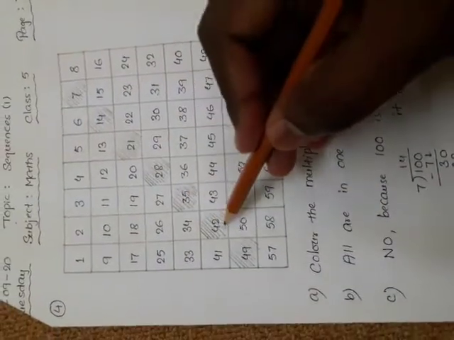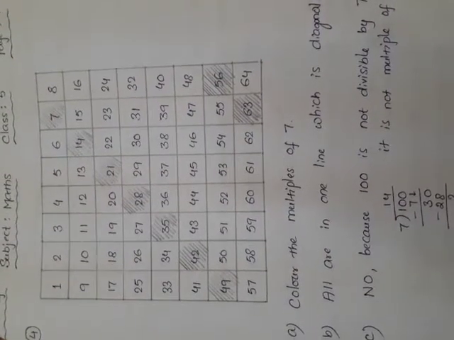So I shaded 7, 14, 21, 28, 35, 42, 49, 56, 63, the answers of the 7 table, right? After shading, it asks what do you notice? All of these are like diagonally.